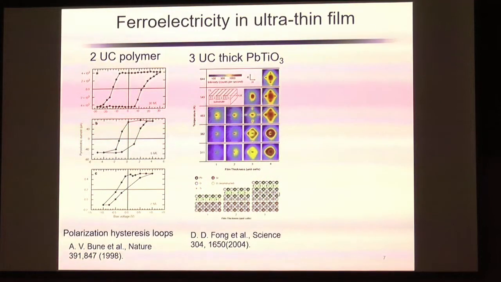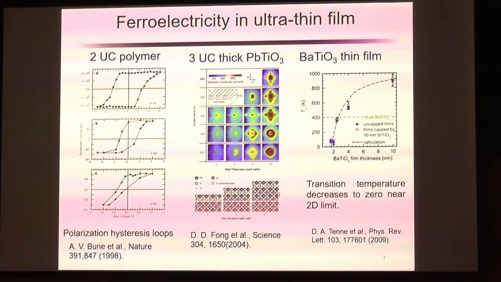I think PbTiO3 is more familiar to our audience here, and people found that down to 3-unit-cell thickness, you can find some ferroelectricity in these thin films. Normally, when you reduce the thickness, in some regions your TC can be enhanced compared to the bulk.